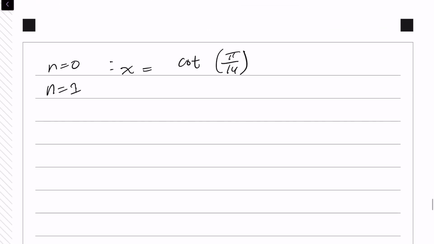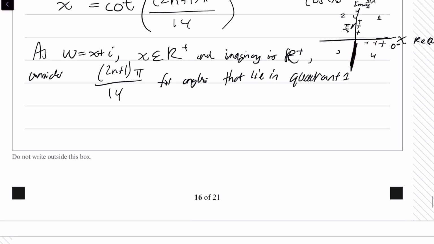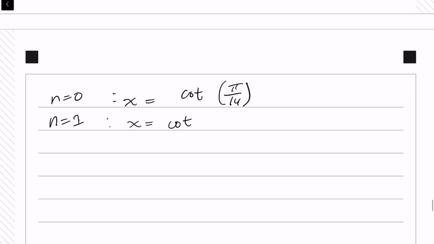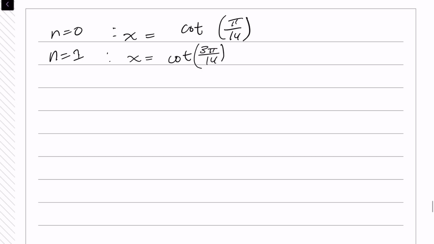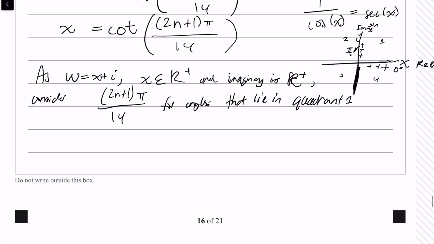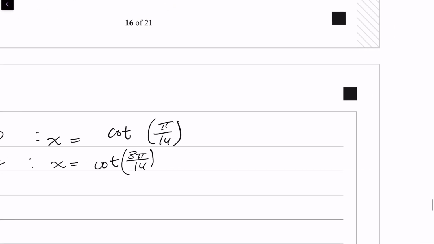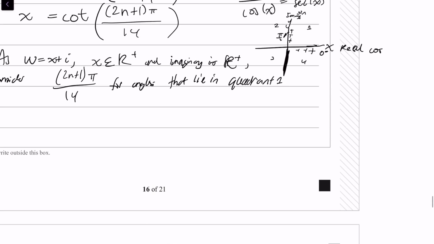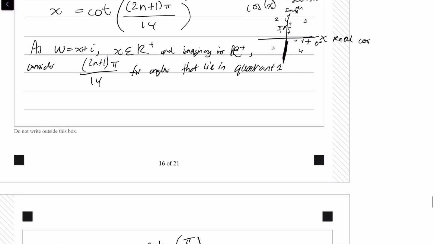So I'll do n equals 1, and in that case x is equal to cot of 2 times 1 plus 1 is 3 pi over 14. Okay, and I know that half of 14 is 7, so I need to keep going until I reach 7 pi over 14 essentially.